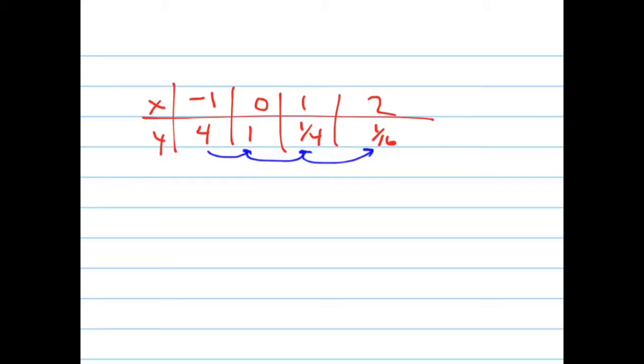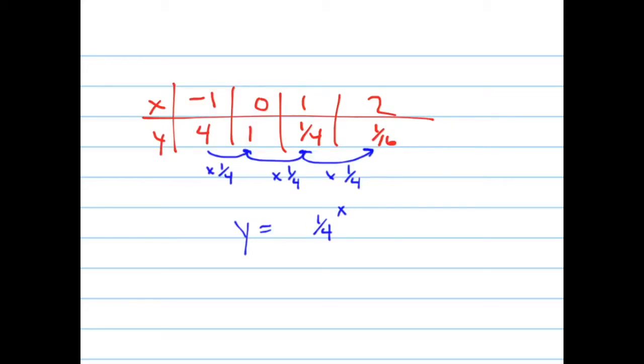Or we could look at it as multiplying by a number smaller than 1. 4 times 1/4 is 1. 1 times 1/4 is 1/4. And 1/4 times 1/4 is 1/16. And so we can look at it the same way we look at our growth functions, where 1/4 is our base.